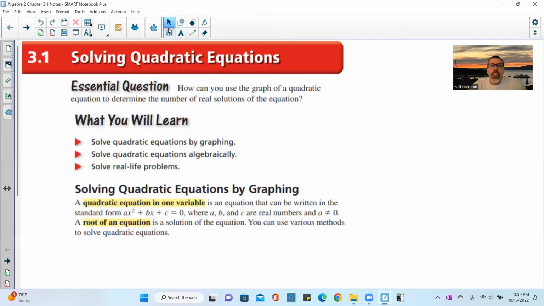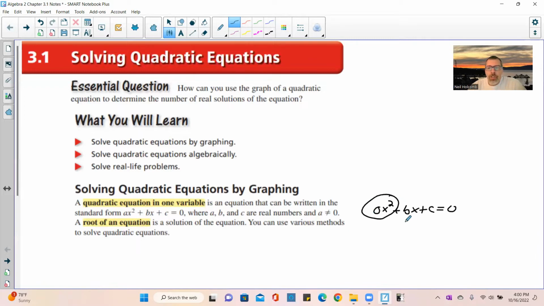If a were 0, then we would have 0x squared plus bx plus c equals 0. Well, 0 times x squared is just 0, and we'd end up with bx plus c equals 0, and that is not a quadratic. That is a linear equation where b is our slope and c is our y-intercept. So we cannot allow a to be 0.